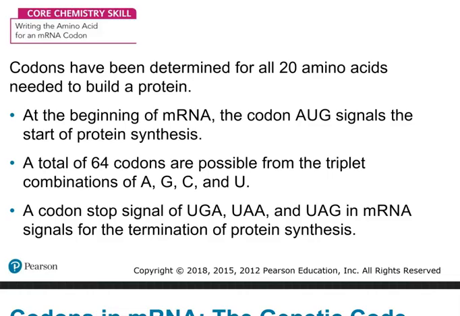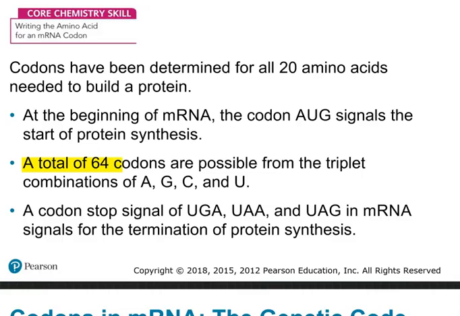Now, since every codon is 3 nucleotides, it means that there are 64 possible combinations. How many amino acids do we have? 20. So we have more words for our 20 objects.